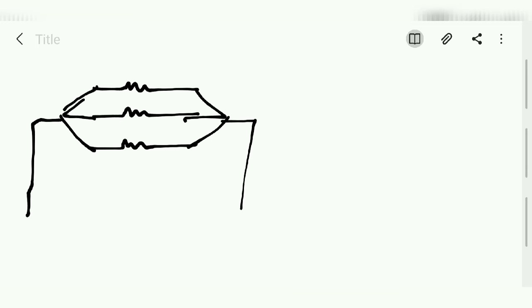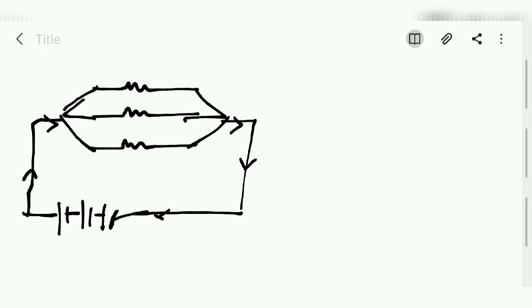parallelly arranged resistors? So this is how the general arrangement of the circuit looks, correct? And you'll generally have a battery. So this is how it will be arranged. Now imagine, let's give a value for every resistor and the battery.